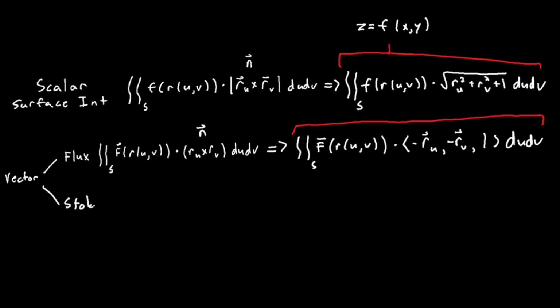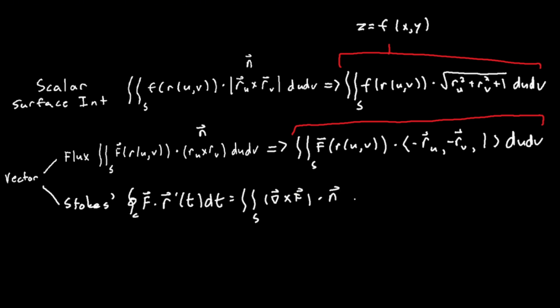And this basically states that you can relate the circulation of some closed curve, so the circulation of some closed curve dotted with r prime of t dt, is equal to the double integral of your curl dotted with some normal vector.